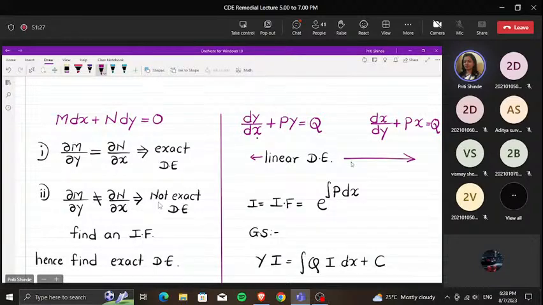The next topic is non-linear differential equations reducible to linear form. This topic is not included for this remedial exam, up to linear differential equation only. Okay, this is about unit number 1. Any doubt in unit number 1?